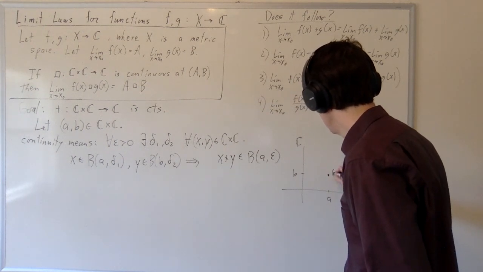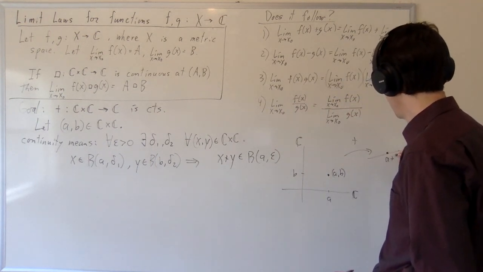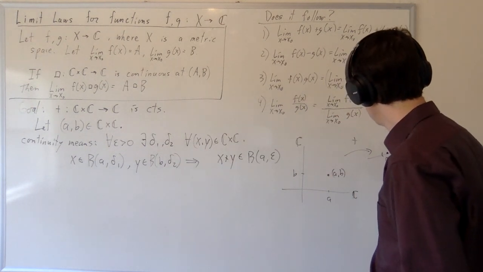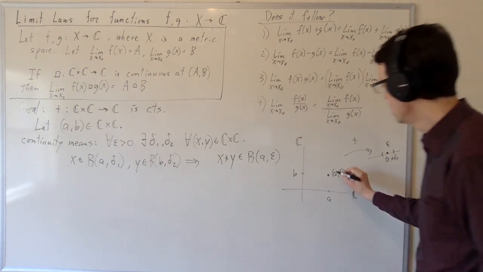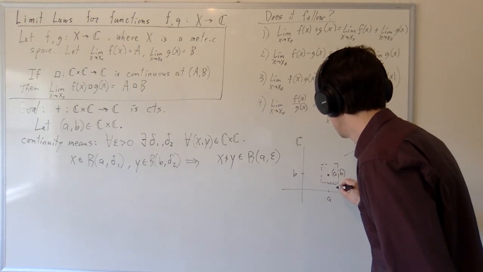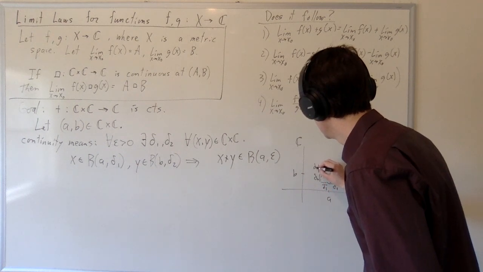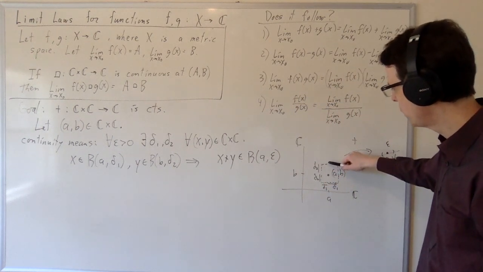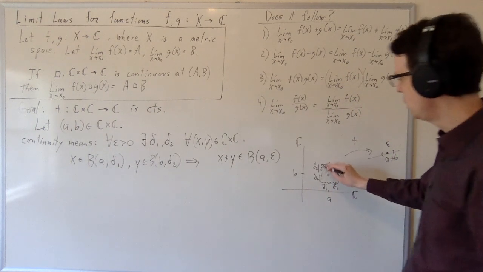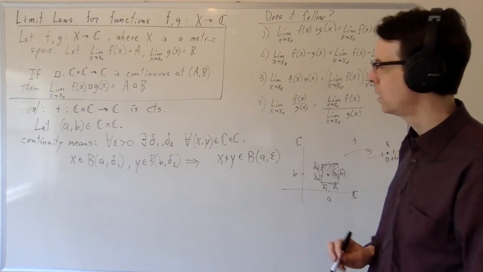But here's (A, B), and then the plus operation maps this to some A plus B. I'm trying to prescribe an epsilon neighborhood of A plus B, so that if I make the right choices of delta 1 and delta 2, then I can produce a ball in this direction and a ball in this direction, so that everything in the cross product of these balls is going to have a sum which lands in this epsilon neighborhood over here.